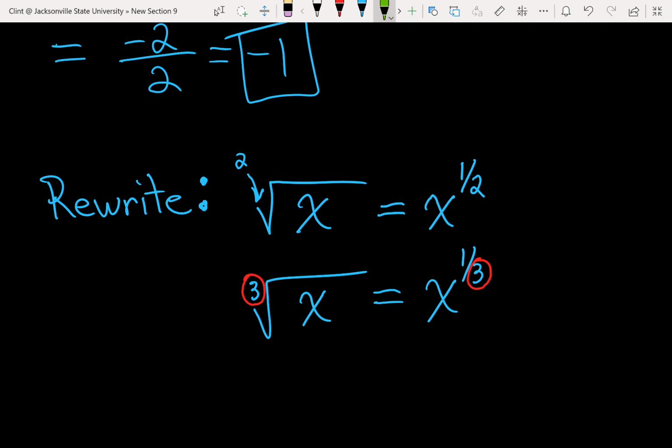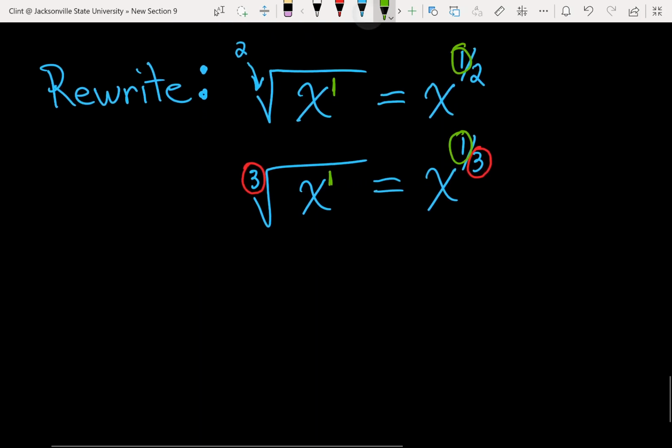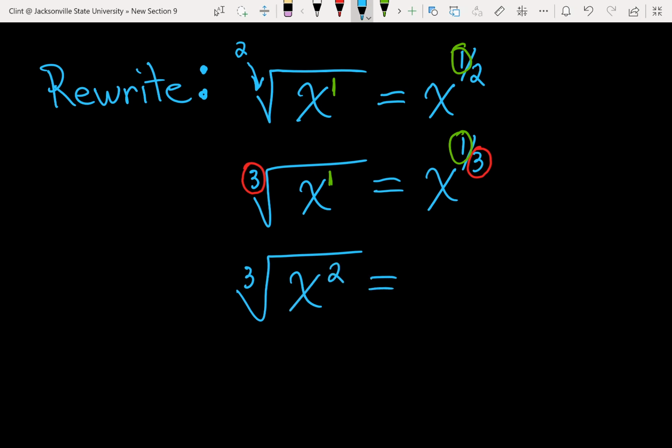And then the exponent on whatever is underneath the radical goes in the numerator. So if we have the cube root of x squared, in exponent form, what's that one going to be? x to the 2/3. So that can be really helpful.